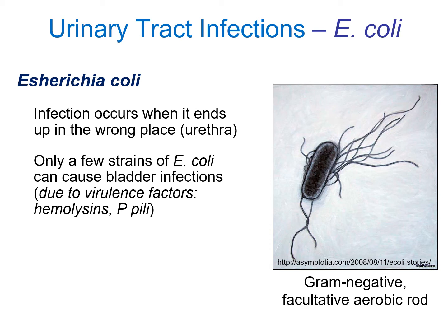These are fimbriae, which are strands that stick out from the bacterium and allow the bacterium to stick to epithelial cells. And this specific form of these pili or fimbriae allows them to stick to the interior of the bladder. But again, most bacterial cells, most E. coli cells are unable to do this.